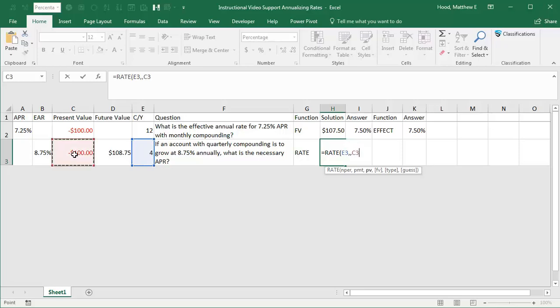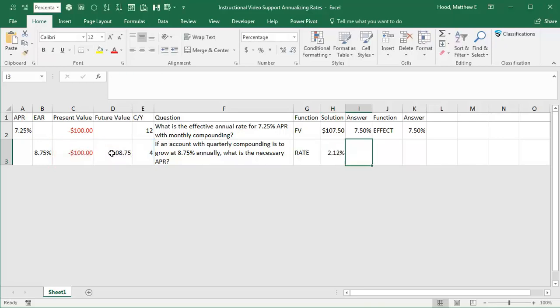Present value, future value. So it says 2.12%, but that would be 2.12% per quarter. To get the right answer, I'm going to take that number and multiply it by the number of compounds per year, which is 4, so 8.48%.